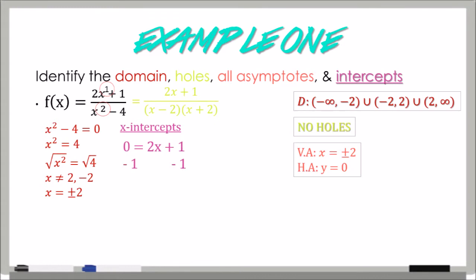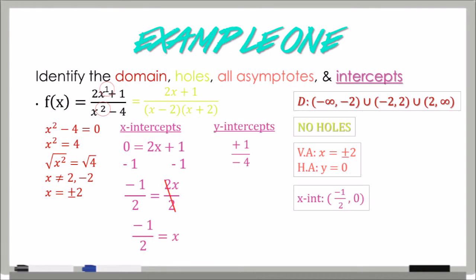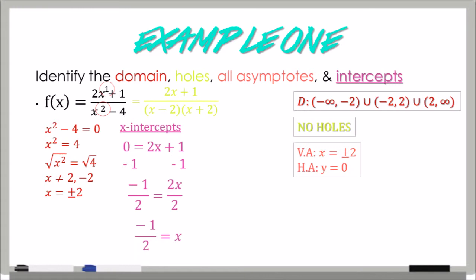First, subtract 1 from both sides, and when we do that, it leaves us with negative 1 equals 2x. We divide both sides by 2, and since 2 cancels out, we end up having x equals negative 1/2, sorry, which makes our x-intercept the ordered pair negative 1/2, 0.